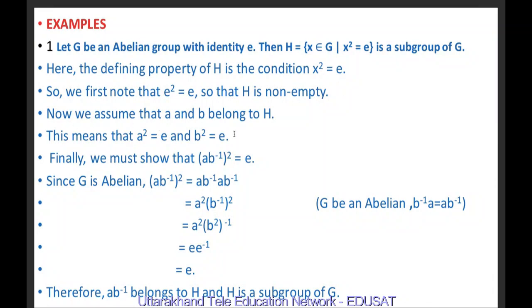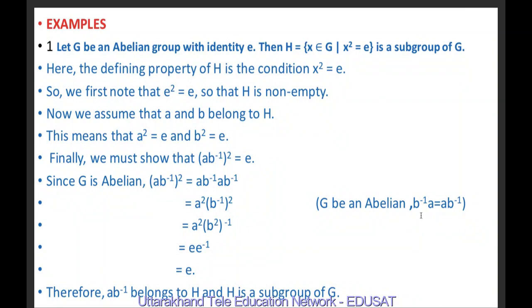Now we assume that A and B belong to H. If A and B are in H, it means A square equal to E and B square equal to E, because elements of H are defined like this. Finally, we must show that AB inverse whole square equal to E. Since G is abelian, AB inverse whole square is equal to AB inverse into AB inverse.